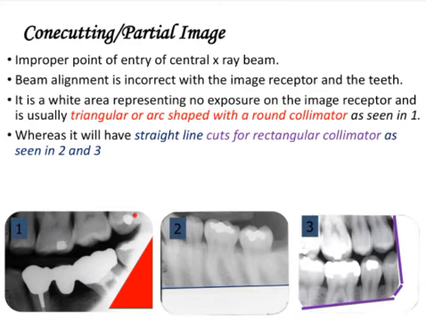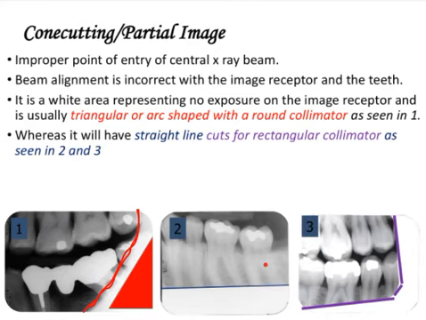You can see that it is arc shaped. It has a specific shape like part of a circle, and this white area looks like a triangle. That is possible with the round collimator only.